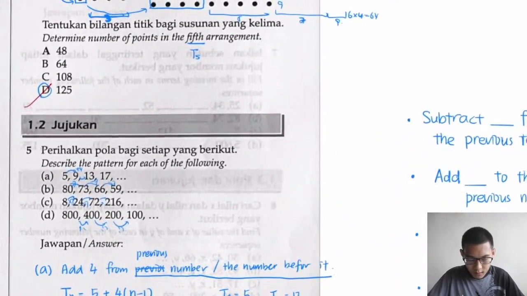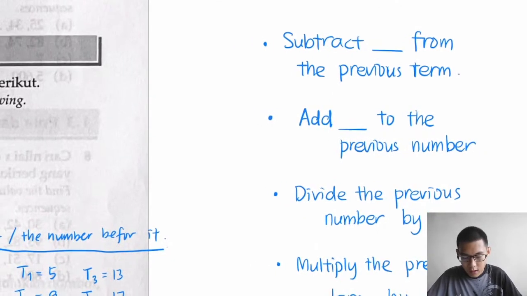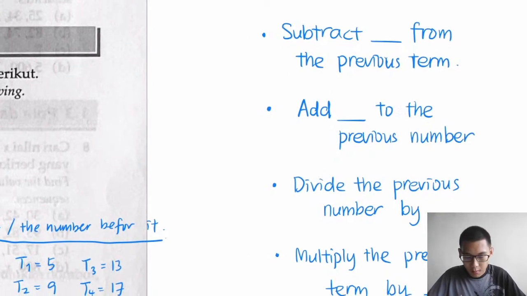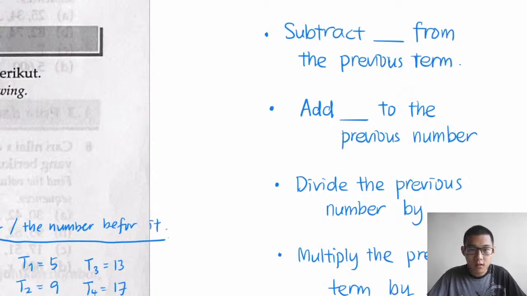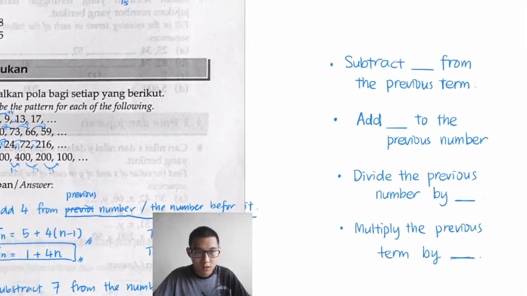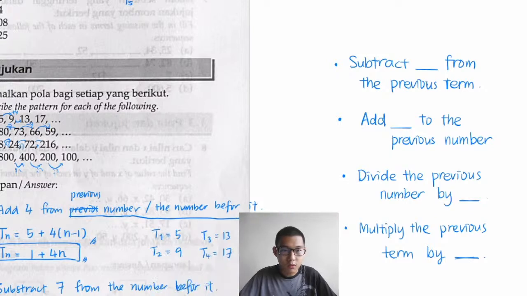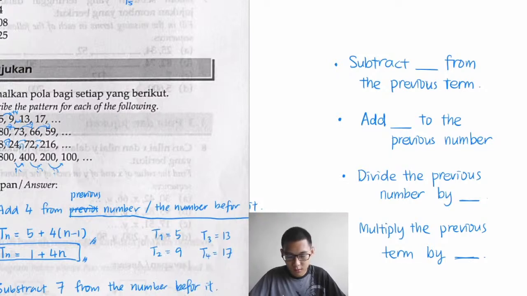So the second part I need to highlight. You can try to understand or memorize these words of the sentence. If the question asks you to describe the patterns of the following, you can try to memorize and answer with this format.